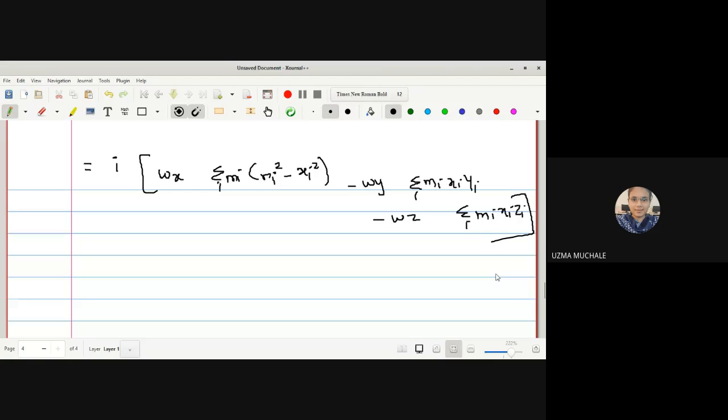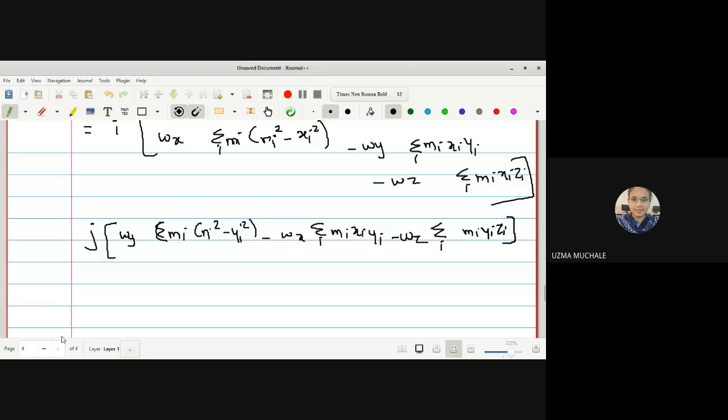Next I will collect the coefficients of j. Coefficients of j, j is taken outside and here we have wy summation over i mi ri square minus yi square, minus wx summation over i mi xi yi, minus wz summation over i mi yi zi.